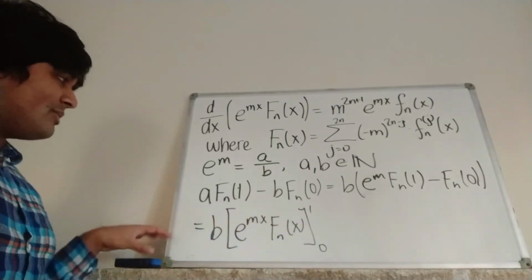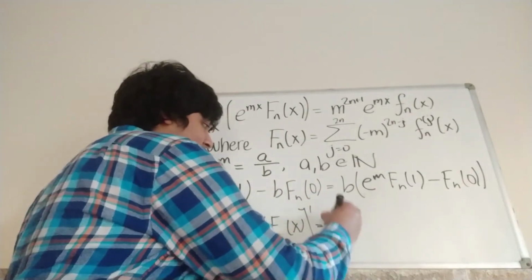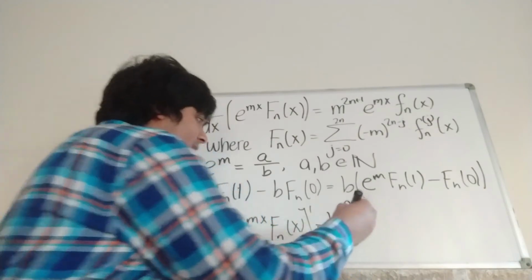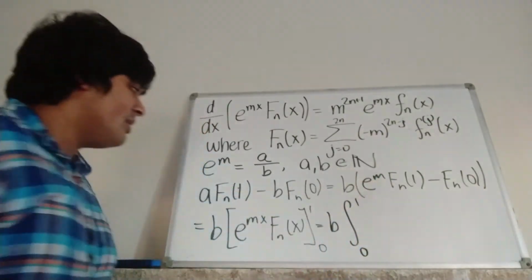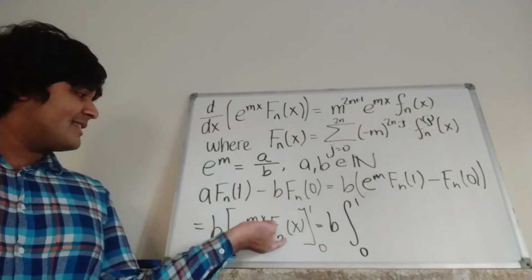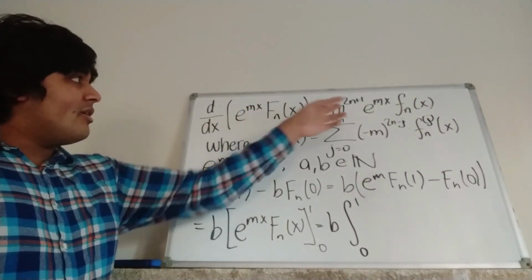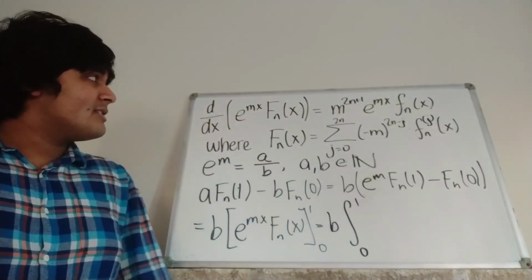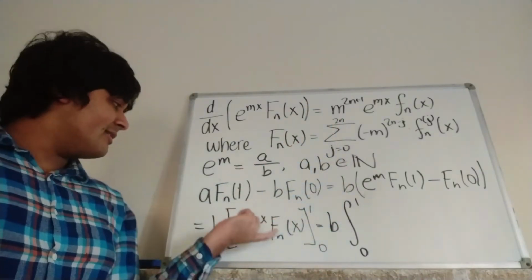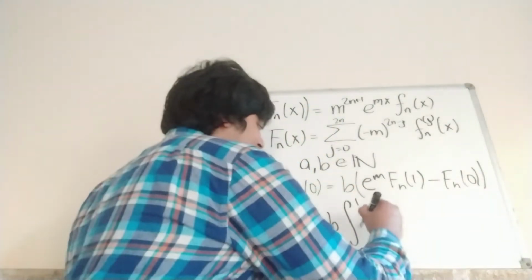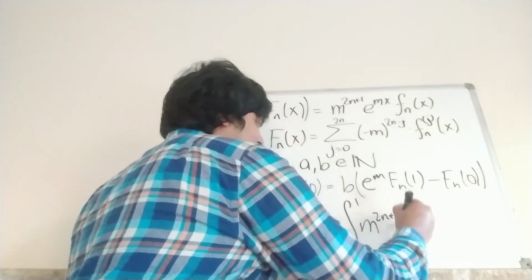Well, what is this guy equal to? This is just b times the integral from 0 to 1 of, well, if we just go back up to this line here, we know that this guy is the antiderivative of this guy here. So we know then that basically, let me just write it out first. This is just this thing here.